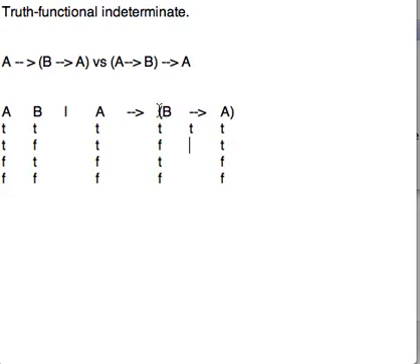Similarly for the second row, here the antecedent is false, and if you remember the truth table for the material conditional, whenever the antecedent is false, the whole conditional comes out true. Here we have it that the antecedent B is true, but the consequent is false.